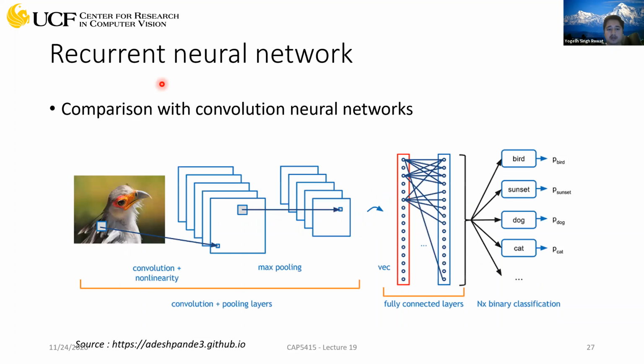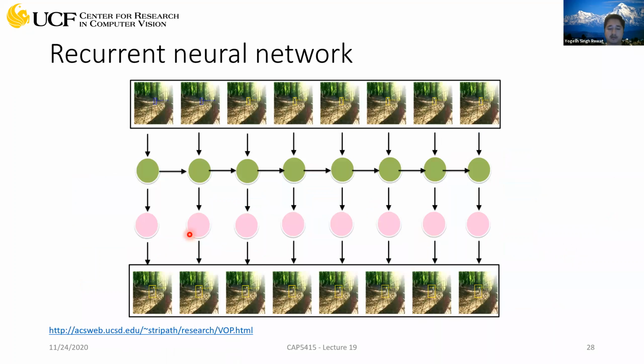Now, if you compare this recurrent network with your standard CNN, in a standard CNN, you have this image which your network can see at once and make the prediction. But in a recurrent neural network, your network will look at one time step at a time.